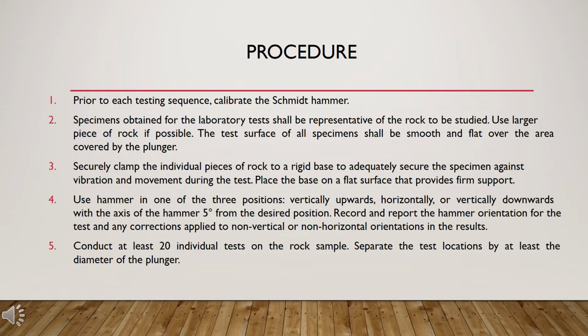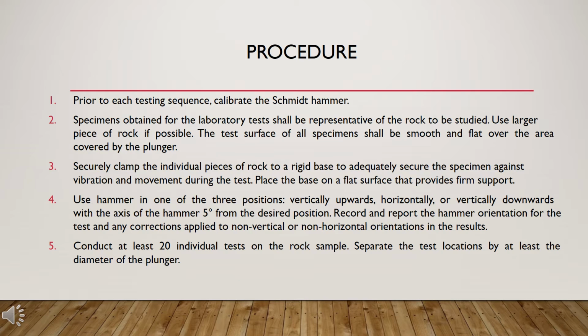The test surface of all specimens should be smooth and flat over the area covered by the plunger. Number 3. Securely clamp the individual piece of rock to a rigid base to adequately secure the specimen against vibration and movement during the test. Place the base on a flat surface that provides support.